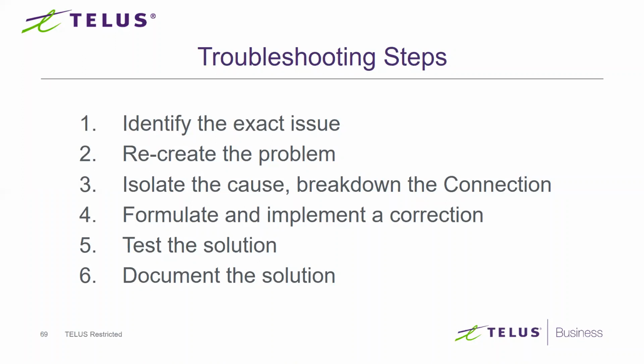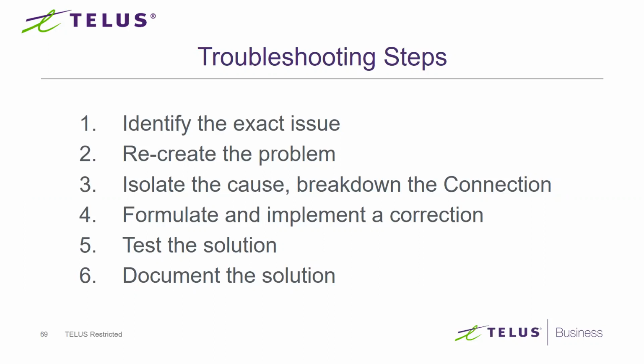The first thing to do after that is to try to recreate it. See if you can recreate the problem. And if you can't recreate the problem, maybe you're not hitting the right problem, or you're not using the right gear. And then, of course, I think the most important part of it is breaking down that connection and isolating. Start at one end and break down, segment your troubleshooting. And that means connectivity tests.